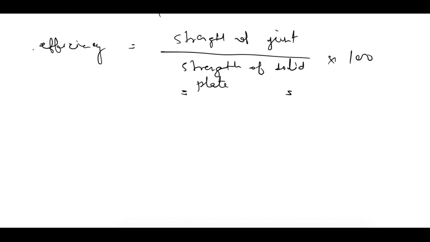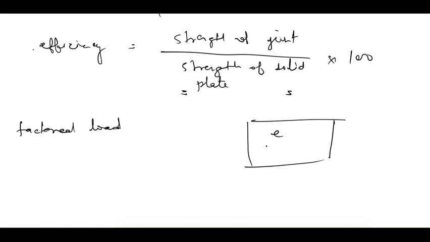And if we want to go for the design, so what we do in the design, first we find out the factored load and we consider a connection, that is we will take some edge distance, pitch and end distance, gauge distance.